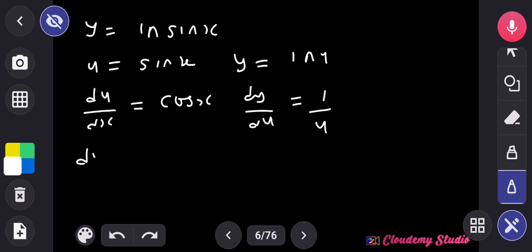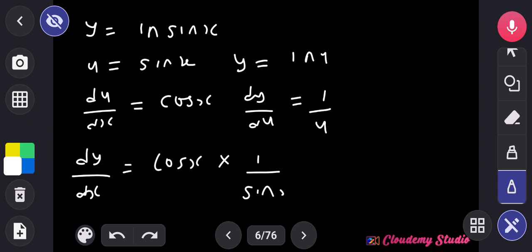Therefore, our dy upon dx will be equal to cos x multiplied by 1 over u, which is 1 over sine x, and that is equal to cos x over sine x, which is equal to cot x. That's cotangent x. As simple as that. So that's how you can solve functions like this. You understand?